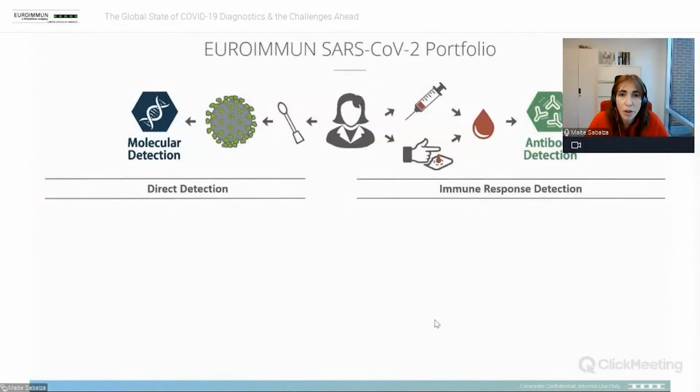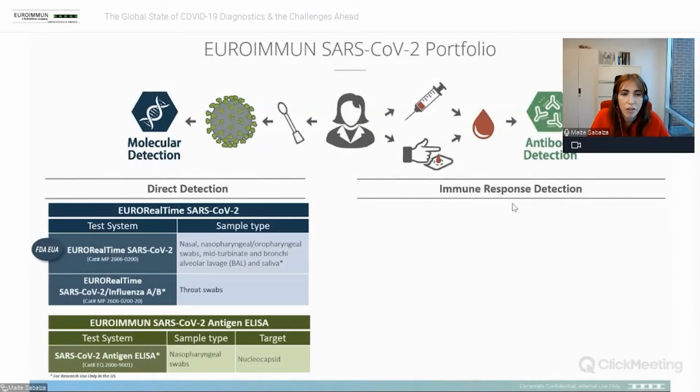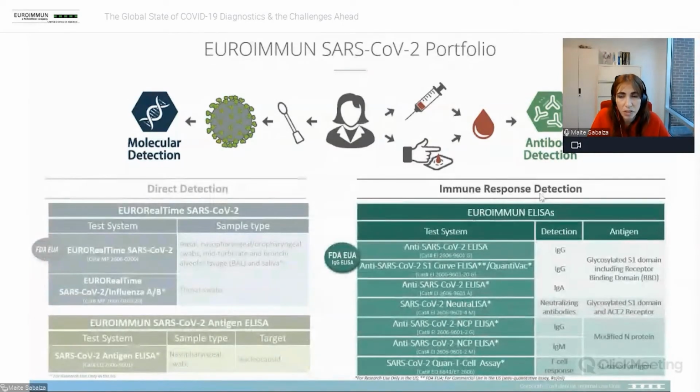At Euroimmun, we offer a complete solution for detection of SARS-CoV-2 infection. We have products for direct detection of the virus as well as products for immune response detection. For direct detection, we have two molecular assays based on real-time RT-PCR as well as one antigen ELISA. For immune response detection, we have different ELISAs to detect different types of antibodies as well as the T-cell response.